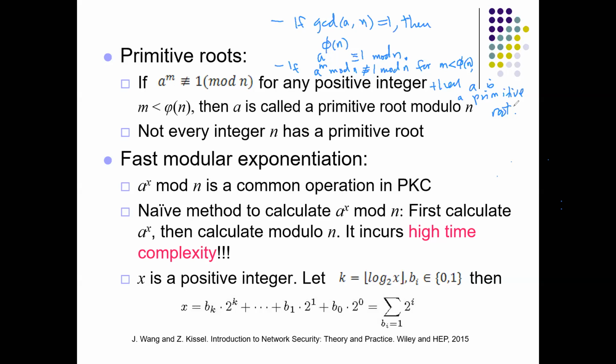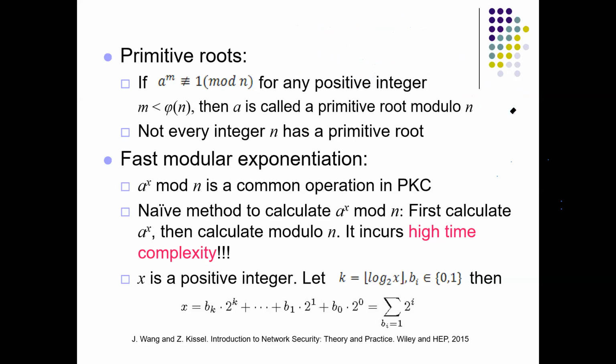Now let me erase this, and we look at a very useful algorithm called fast modular exponentiation. We are going to use this a lot for encryption and decryption, and also for Diffie-Hellman key exchange.